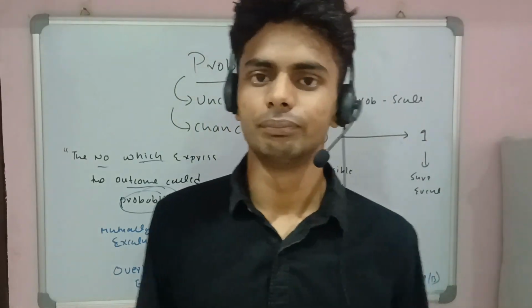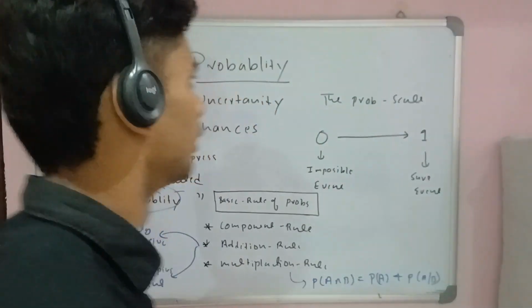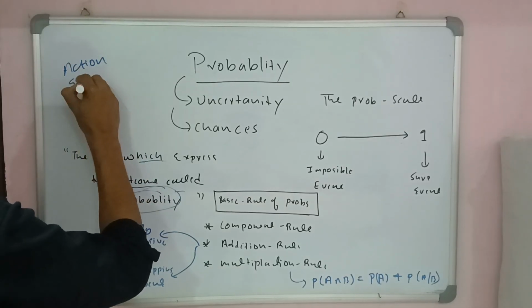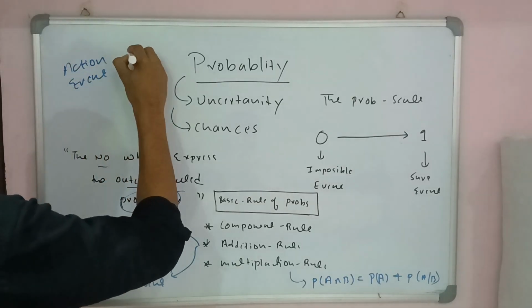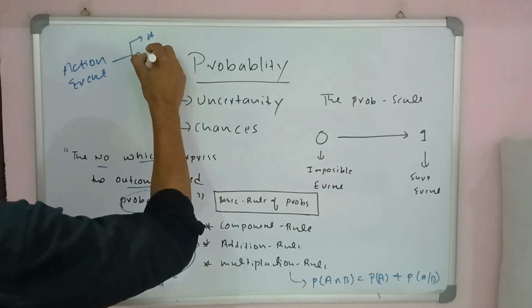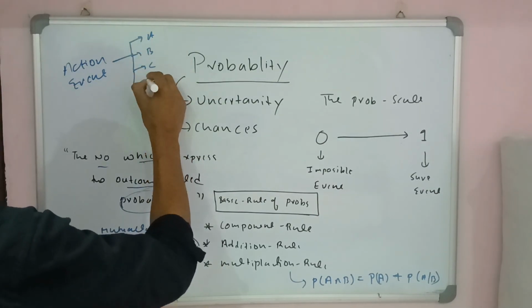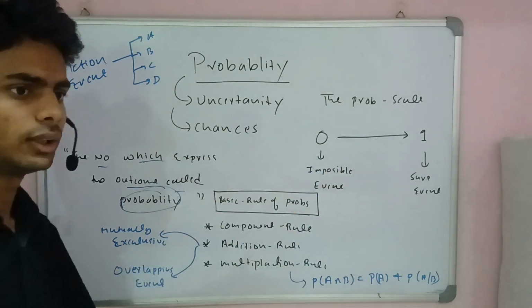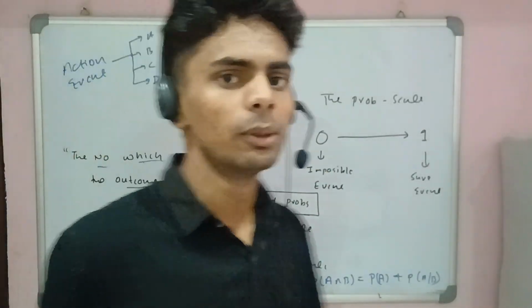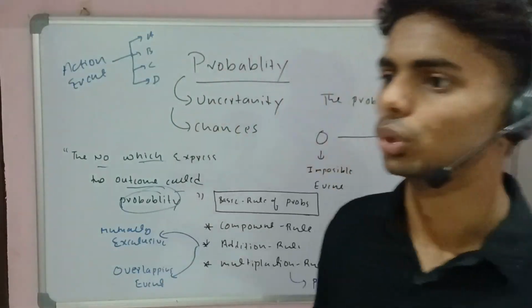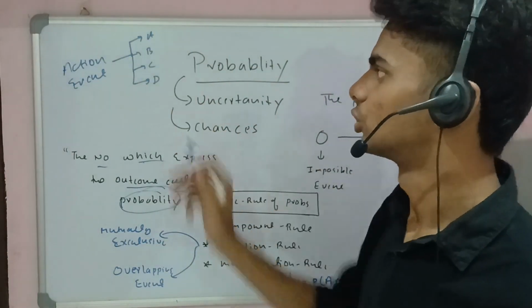Now suppose again we take an example, some kind of event, and the event has different outcome scenarios like A, B, C and D. There are four different scenarios, and you give a different number to each one to show how likely its outcome will be.